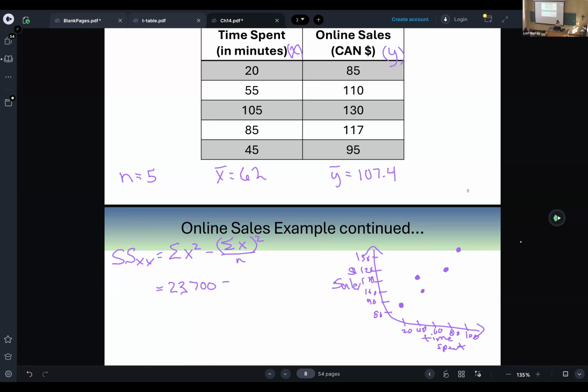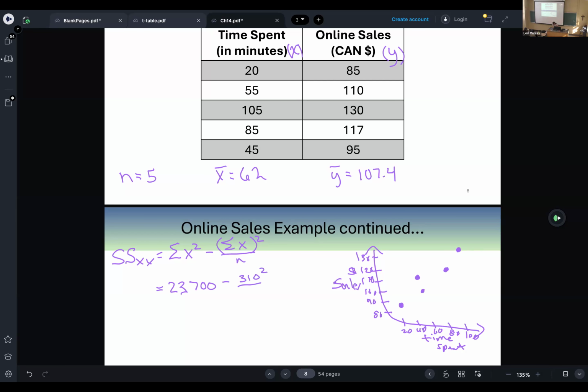And then you take the sum of them. Well, if you know the average is 62, you can just multiply it by 5 to undo that, right? 62 times 5 gives us 310. That's the sum.